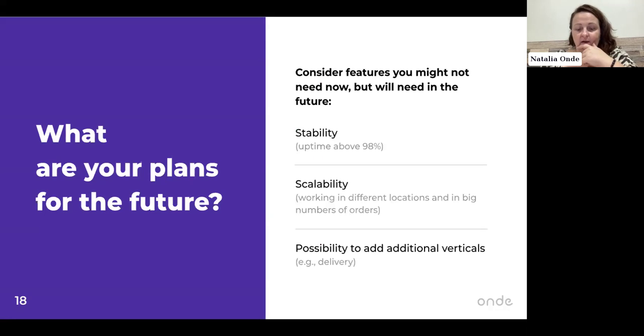Another thing I recommend thinking about is the future. Like, what's next? Okay, you've launched your business, you've chosen the provider, hypothetically, right? But what other plans do you have? I know cases where people simply want to serve their local city, and that's basically it.